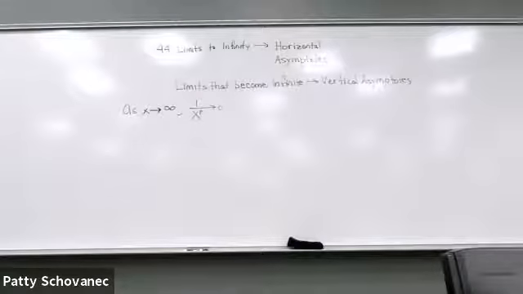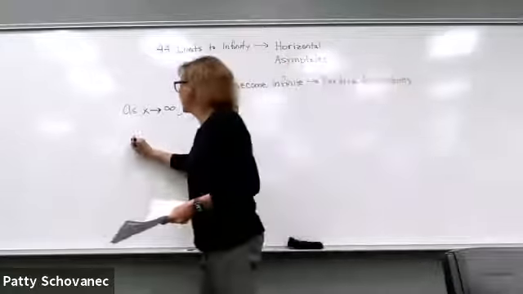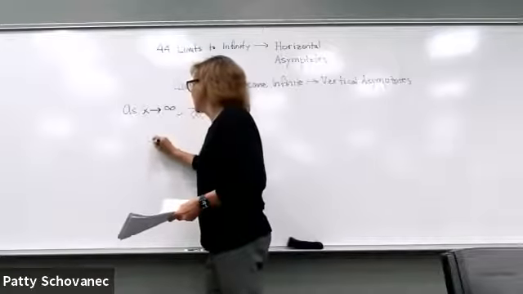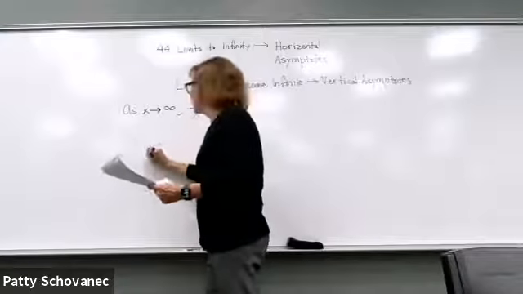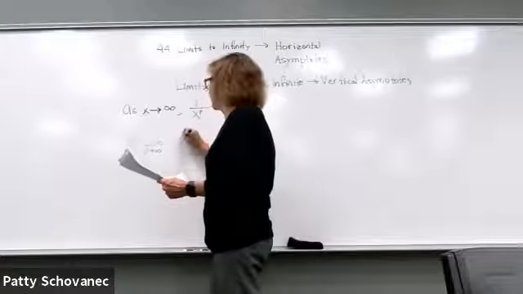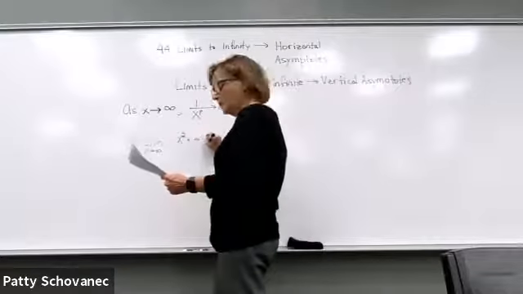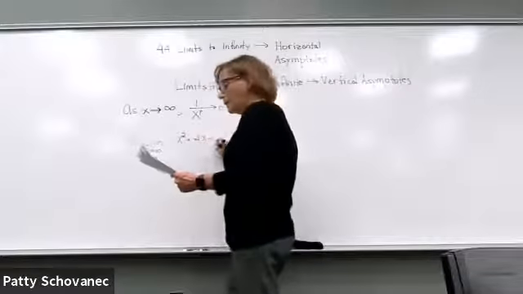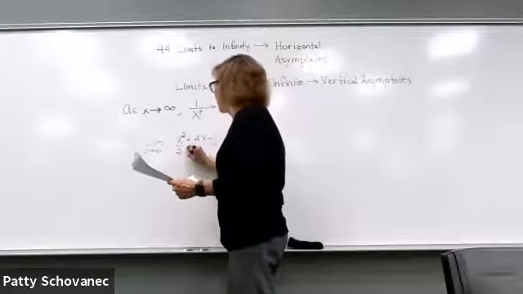For instance, we're taking the limit as x goes to infinity, and we have x squared plus 4x minus 1 on top, and 2x squared plus 1 on the bottom.